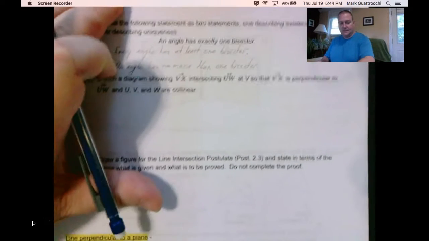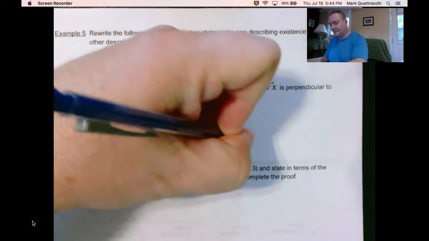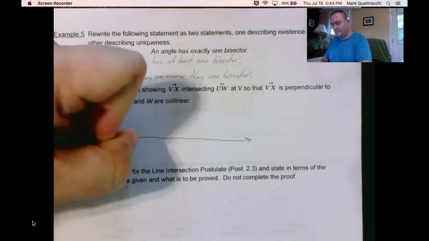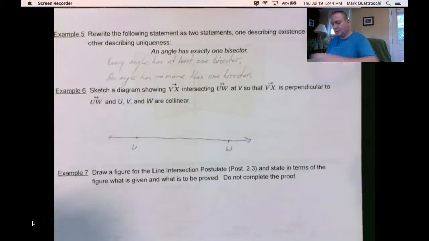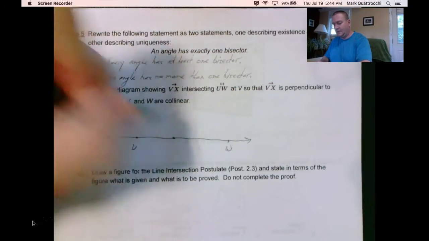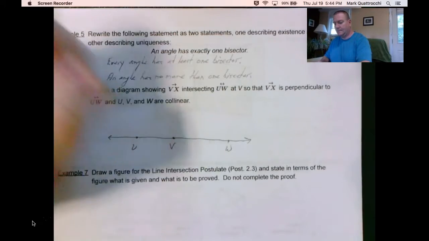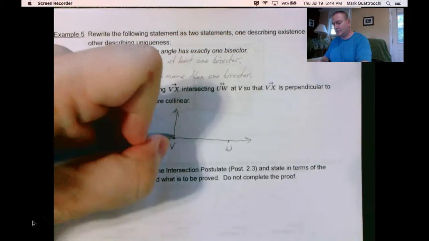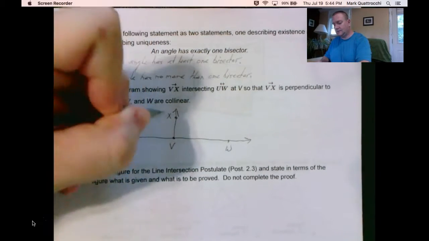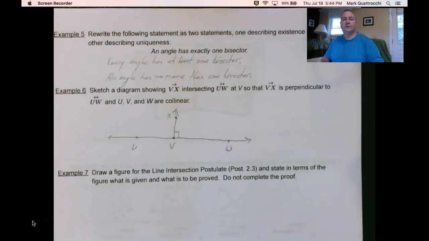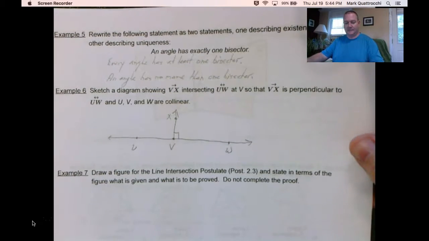So I'm going to start with the line UW, and then I'm going to put point V in between U and W, and then draw ray VX, and put X up there, and indicate that it's perpendicular to the line. So there's a sketch of the diagram showing all that information.